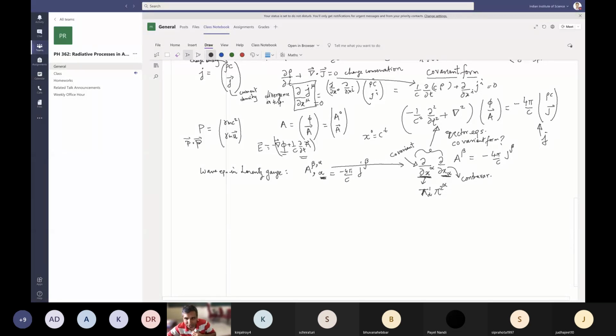Okay, and these gradient operators also transform according to Lorentz transformations, right?